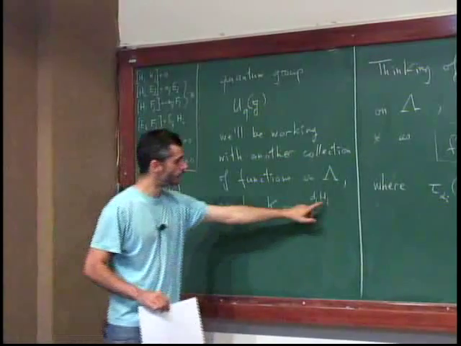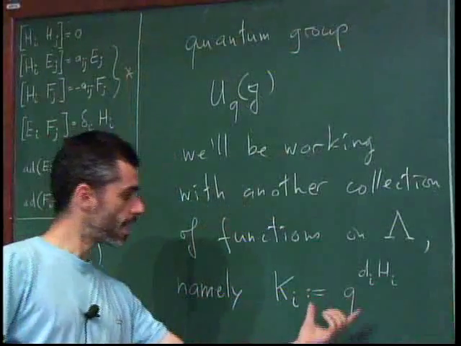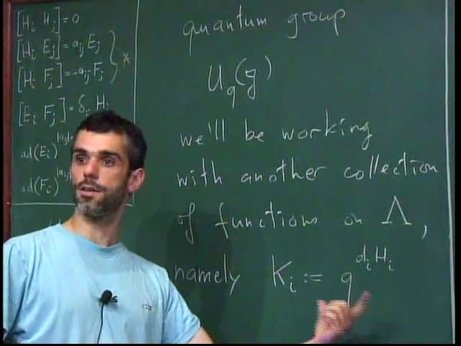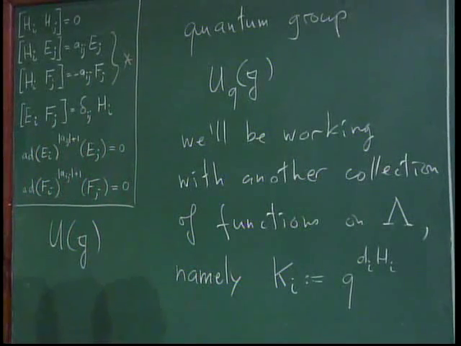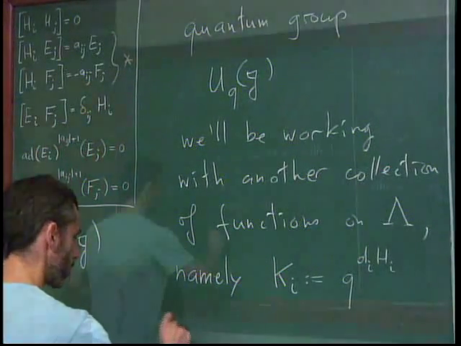Well, h_i is a function on lambda, so it makes sense to take this as a new function.